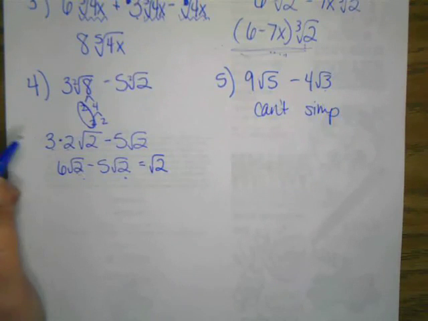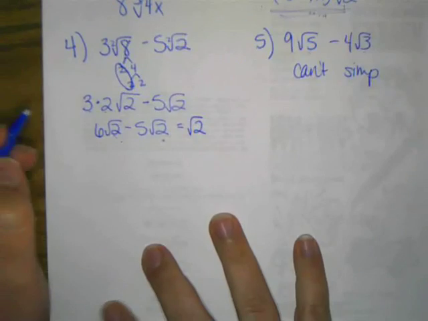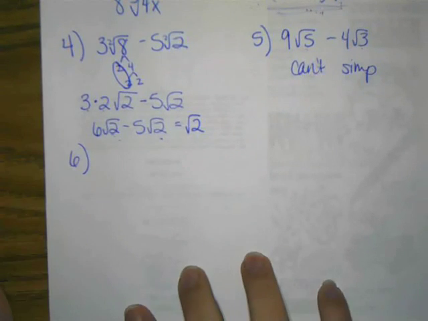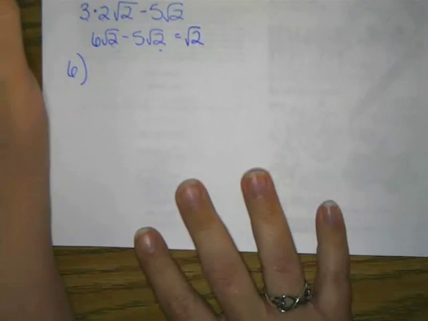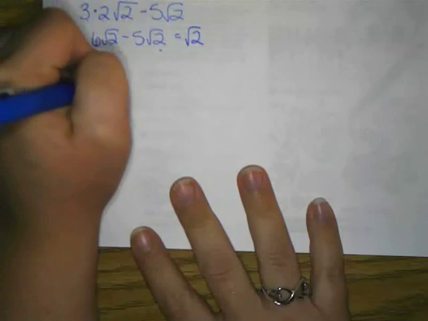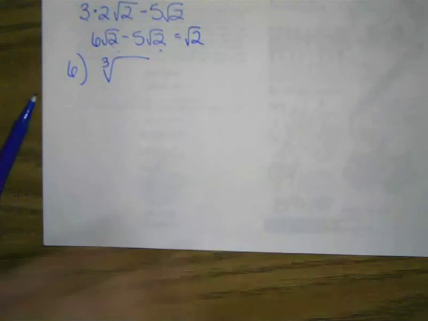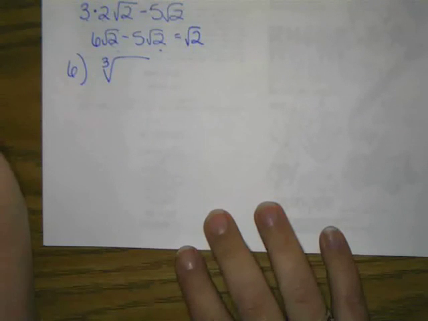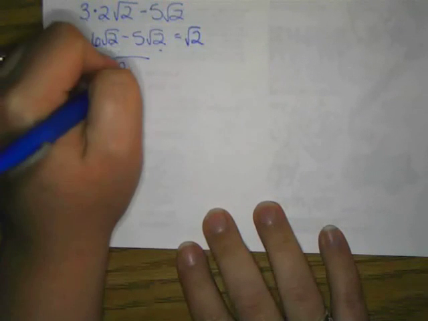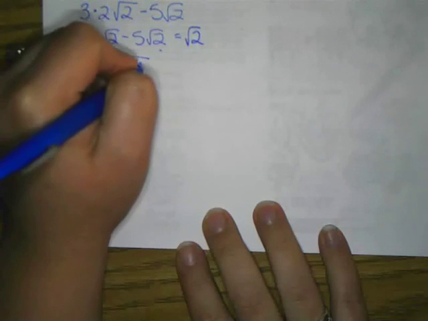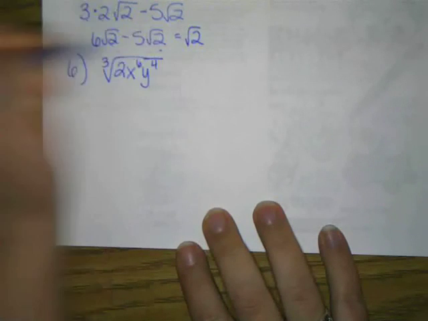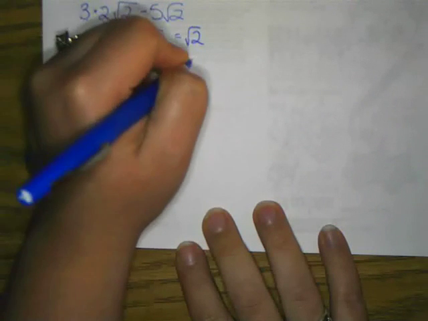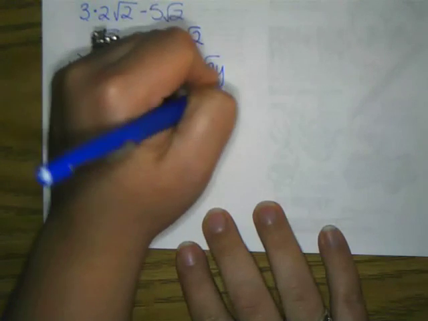So number 6 says the cube root of 2x to the 6th y to the 4th plus 7 times the cube root of 2y.